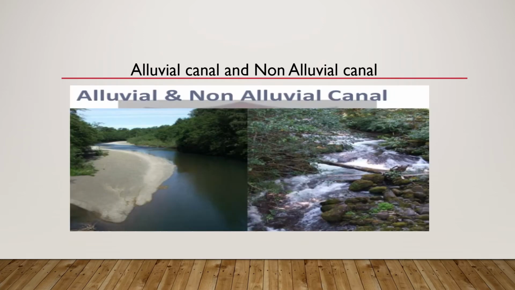Okay, in this slide you can see the difference between an alluvial and a non-alluvial canal. You can see a clear difference. The sand in the first picture on the left is very smooth, like beach sand. It is a silty sand, washed away from rock-like structures and settled as silt.